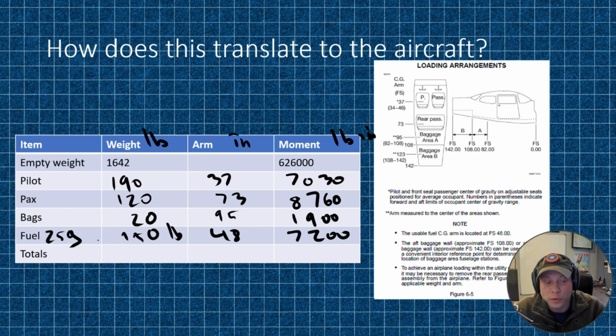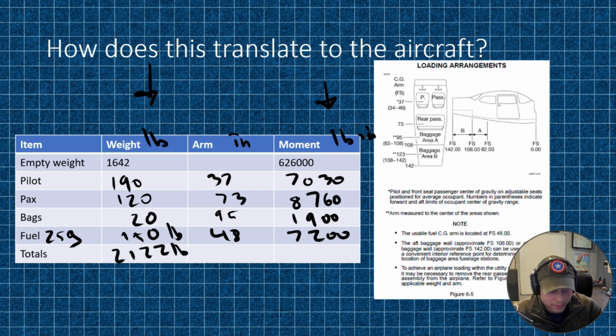Now we're going to take the sum or the total of both of these two columns. The weight, 1642 plus 190 plus 120 plus 20 plus 150 comes out to 2,122 pounds.